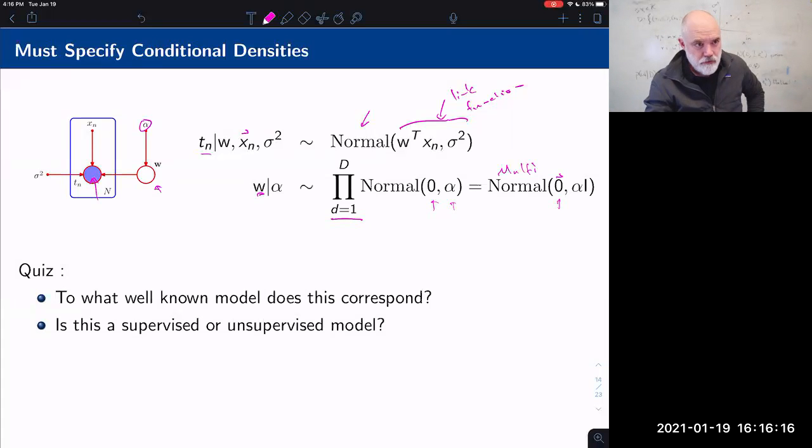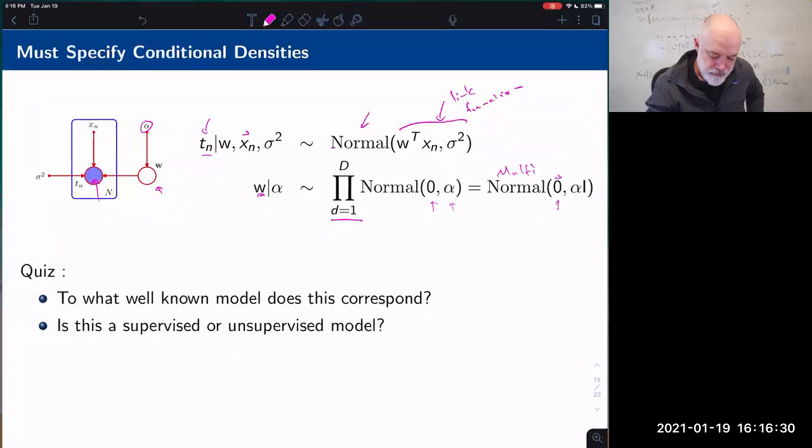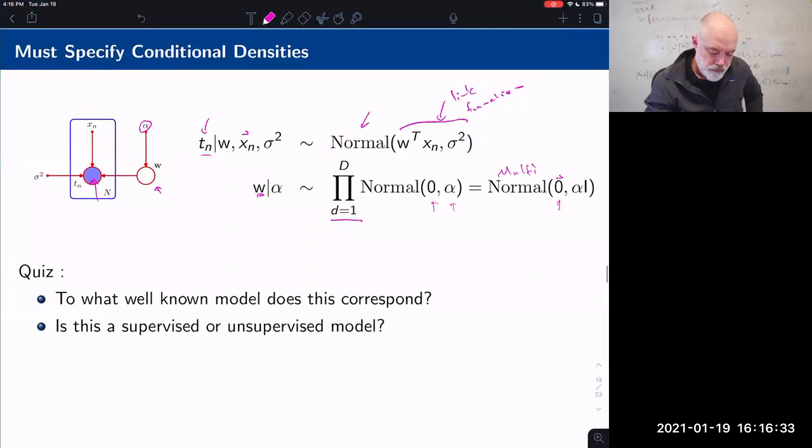The distribution, generally speaking, specifies the type of the random variable, in the type system sense. This is, of course, going to be a real value. Tn will live in R, and W will live in R to the D.